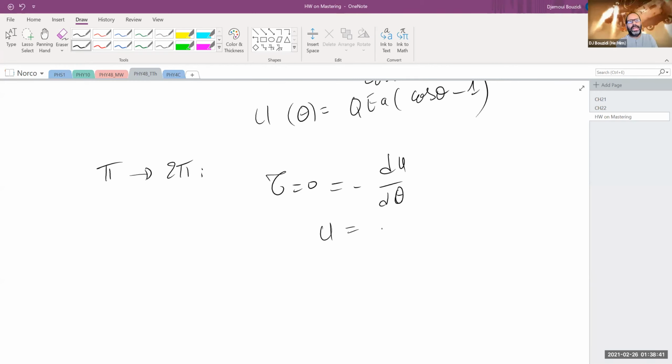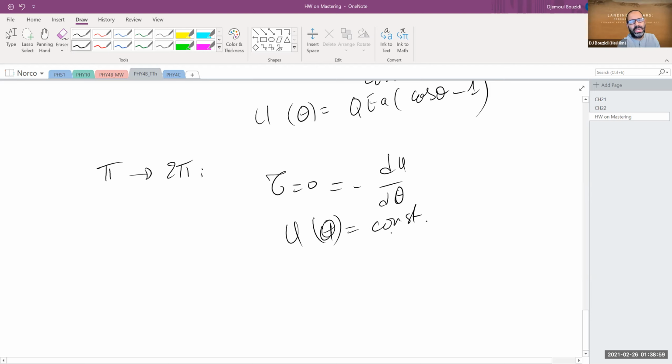Come on, guys. Which function can I take its derivative, it gives me 0? Is it a constant? Yeah, it's a constant. Because if I take the derivative of U now, this is U of theta, by the way, it's going to give me 0, correct?